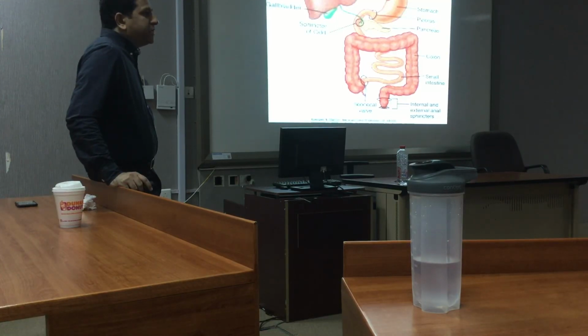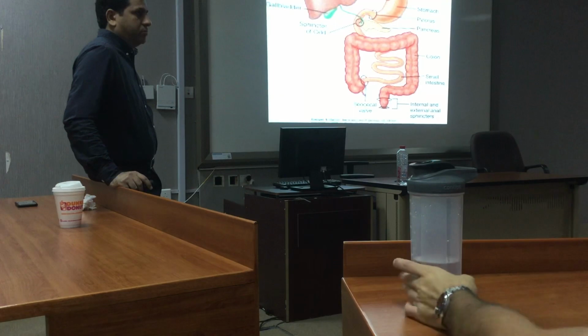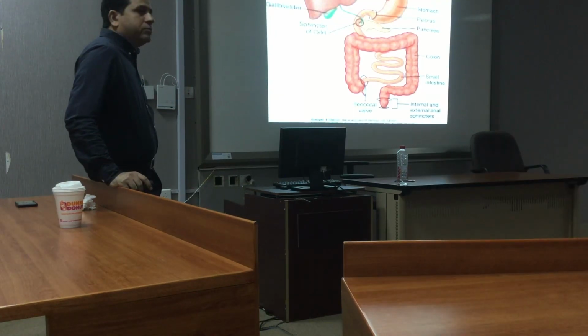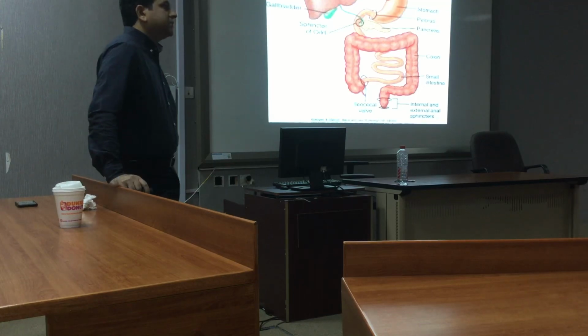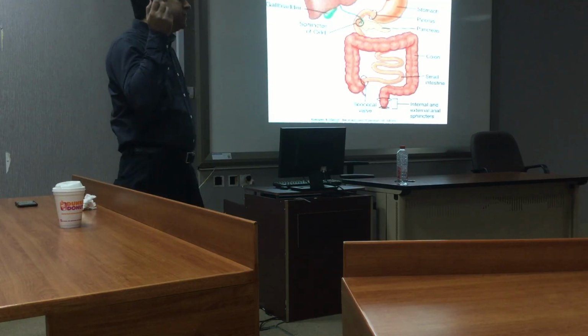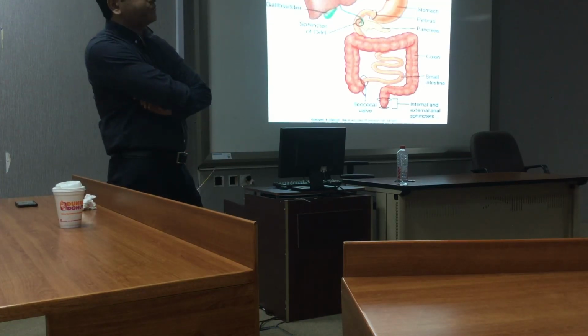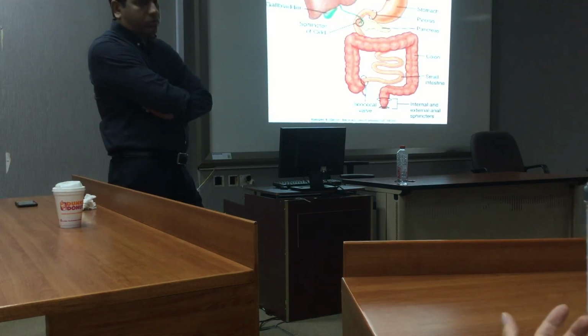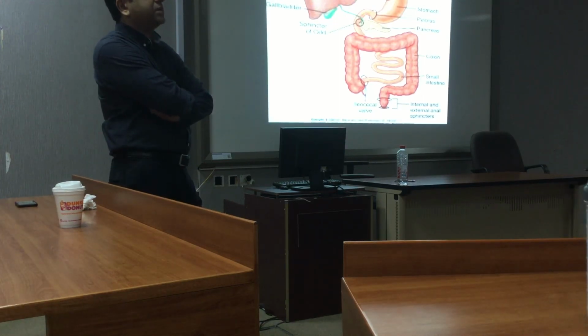Upper GI bleeding usually presents with hematemesis, that is vomiting of blood, and melena. Lower GI bleeding usually presents with hematochezia. Why does upper GI bleeding present with melena? Because the blood is oxidized; it takes time.